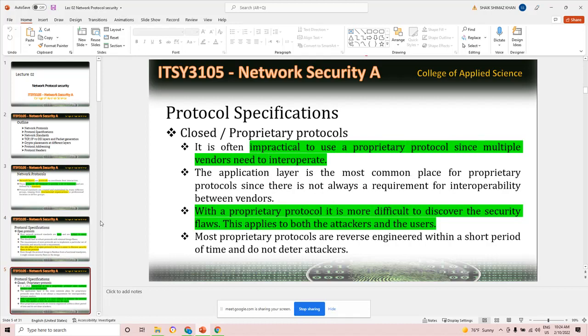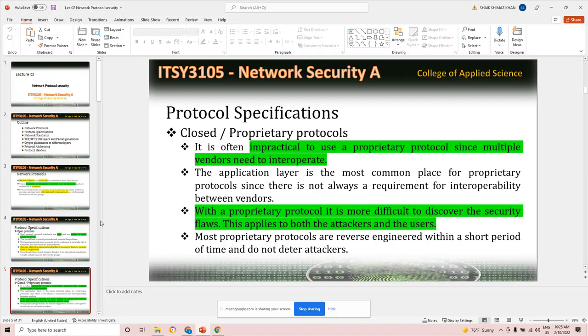Okay, another important point regarding the closed protocols: they belong to a specific vendor. They are not suitable when you want to connect heterogeneous devices, that is, devices from different vendors.